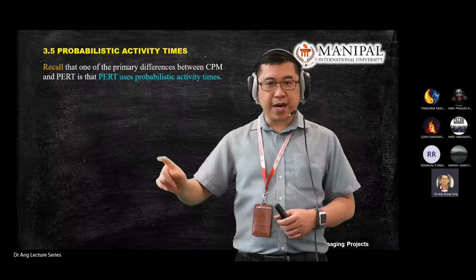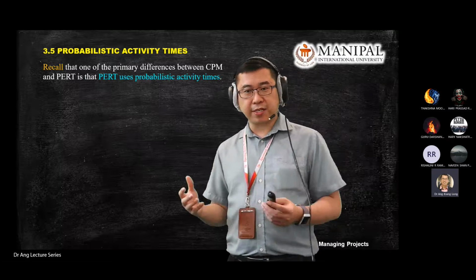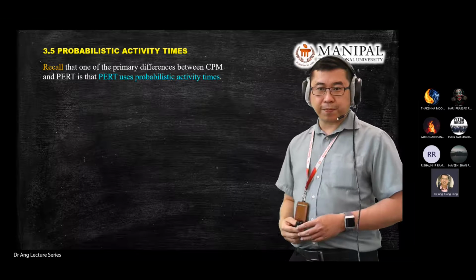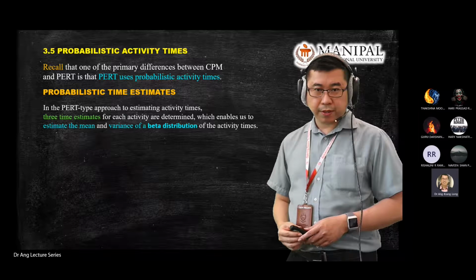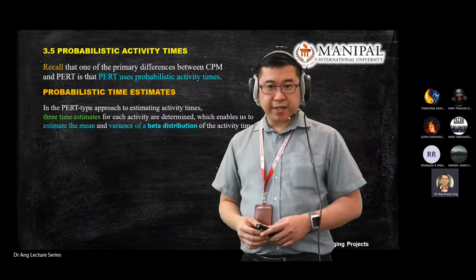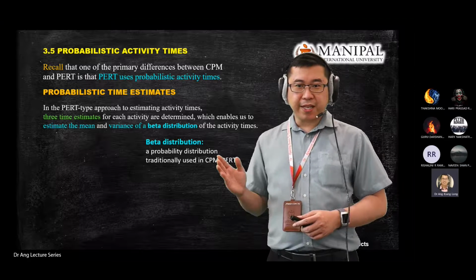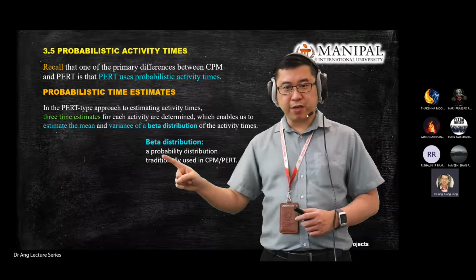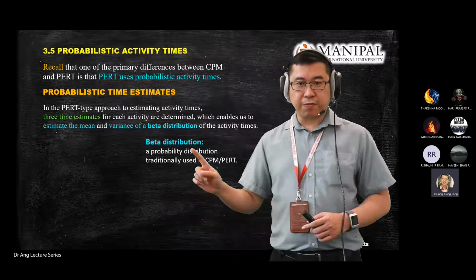Now we look at PERT methods. PERT methods use a statistical method or probability approach to do calculation. Okay, this one you can read from here. For the definition of probability, there's one term we will use called beta distribution. Okay, it's called beta distribution.